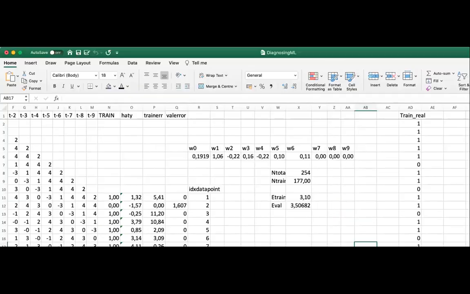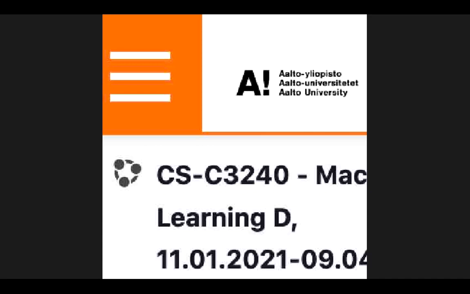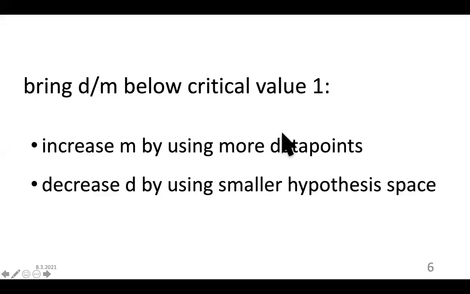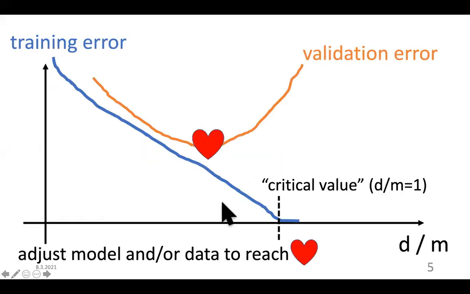So what I did now in Excel was I navigated this curve. Let me show you again here. So first I reduced the model dimension too much. So I increased the training error, but also the validation error. Then I reduced the model dimension a bit.